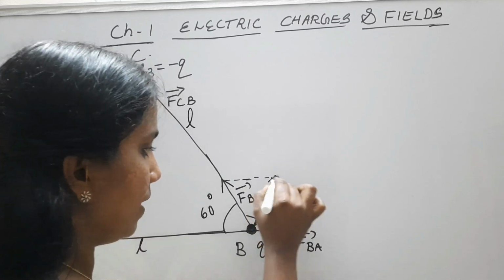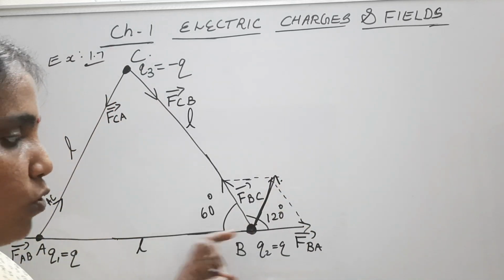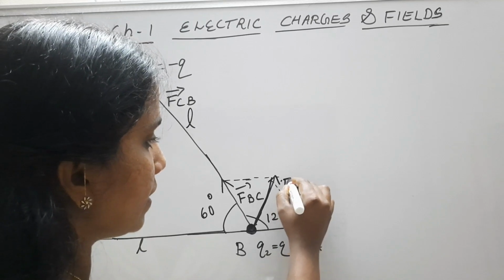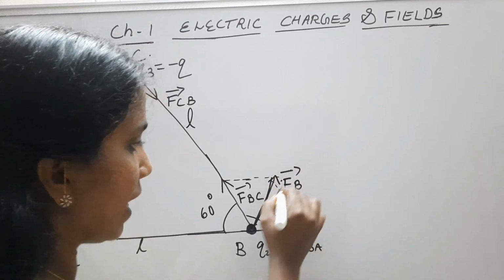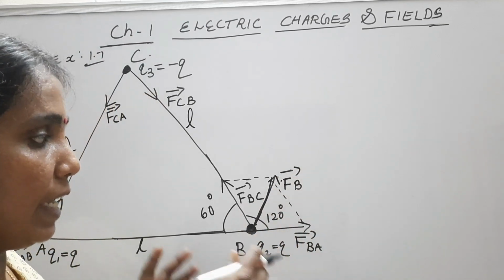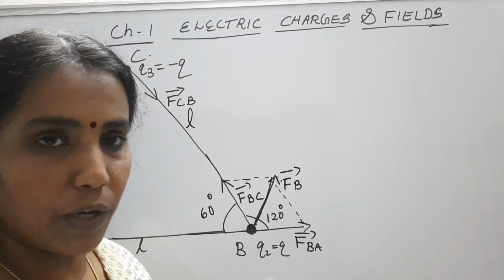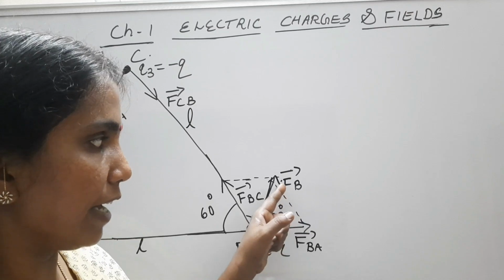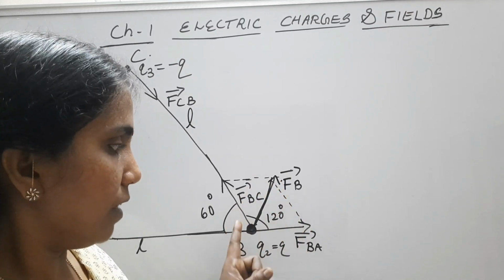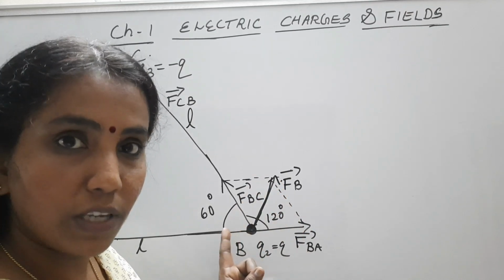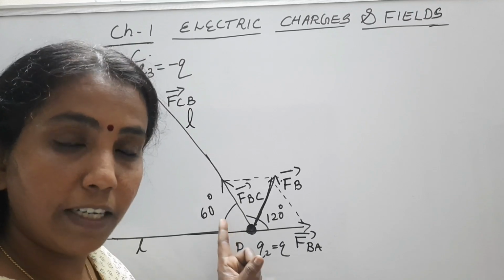So this diagonal represents the net force acting on B, that is FB. So the net force acting on B is FB. Its magnitude and direction we need to find. That's all. Okay, so if we find the magnitude and direction of FB, that is the direction and magnitude of force acting on the charge at B.